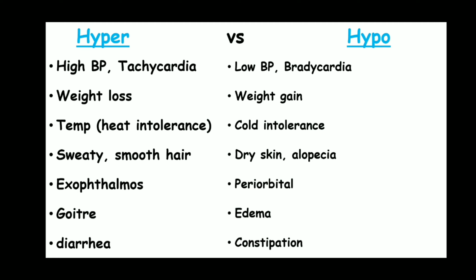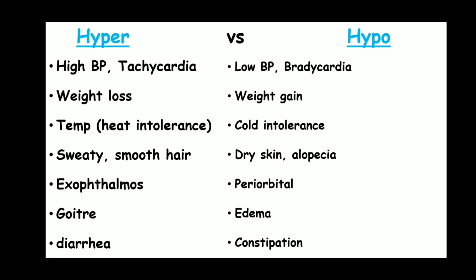What about hypo? Opposite of this. Low BP, bradycardia, weight gain can be there because the metabolism is not happening, and cold intolerance; they will be feeling very cold and their skin will be dry. They can have alopecia, so hair loss and dry, brittle hair; all those problems are with hypothyroidism.